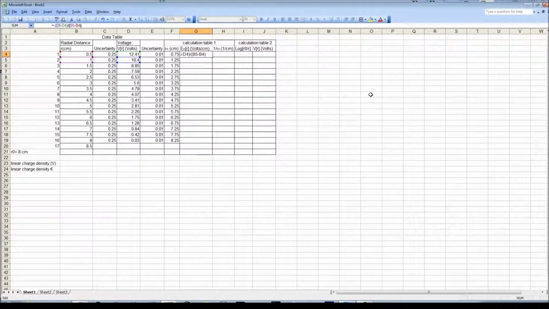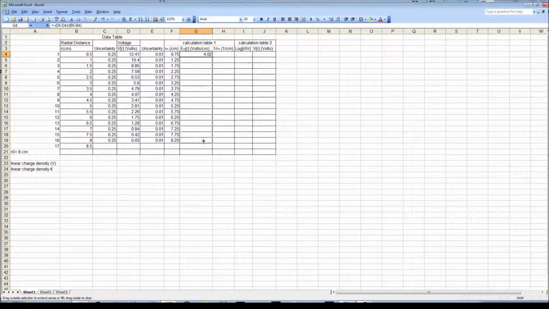I think that's a mistake in parentheses. There we go. And we copy that down, and we have our electric field.